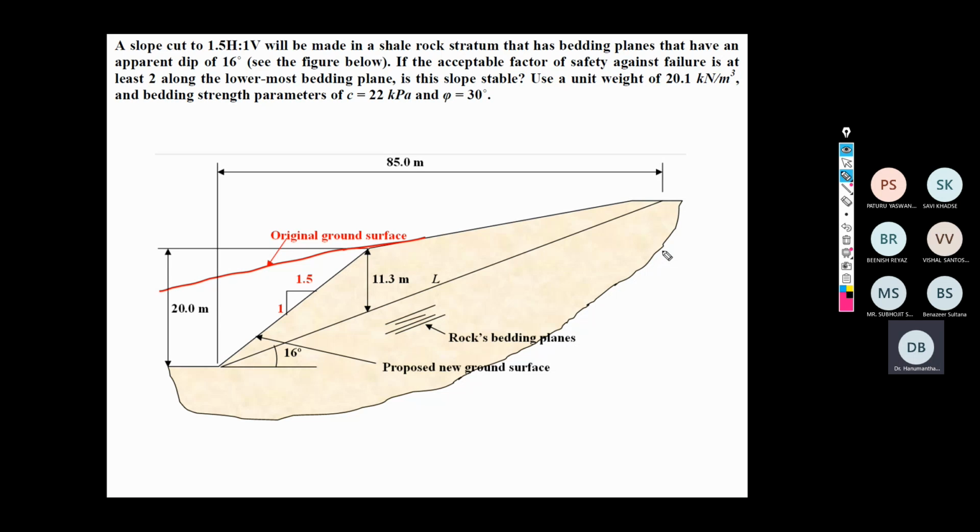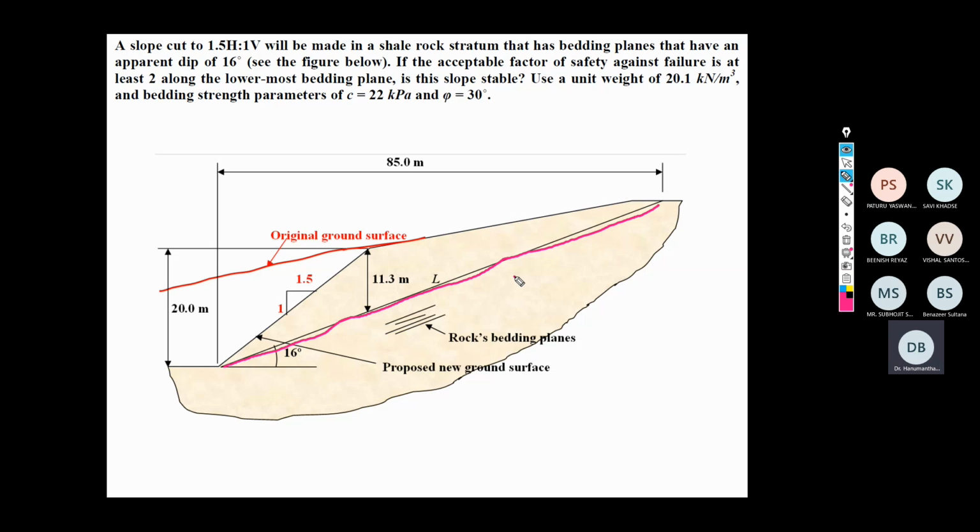From where is the resisting force coming, and from where is the driving force coming here? Sir, the resisting force is coming along the bedding plane. Yeah, so all along the bedding plane, over the length of approximately 85 meter. So this is the resisting force.